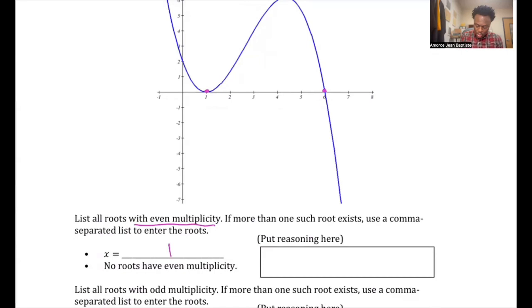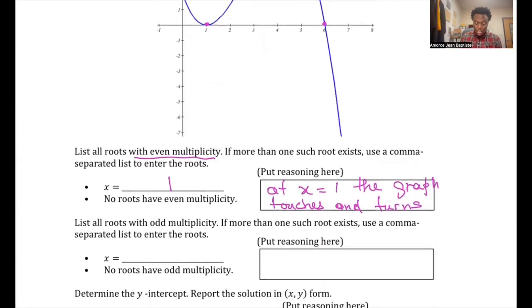multiplicity, x equals 1. At x equals 1, the graph touches and turns. That's why we say that the multiplicity of the zero x equals 1 is even.